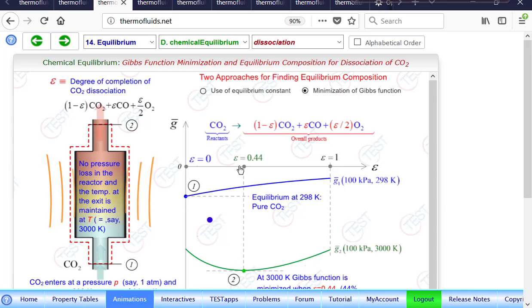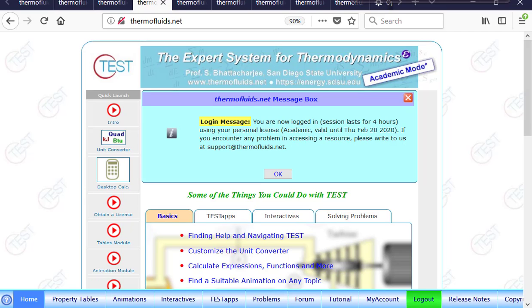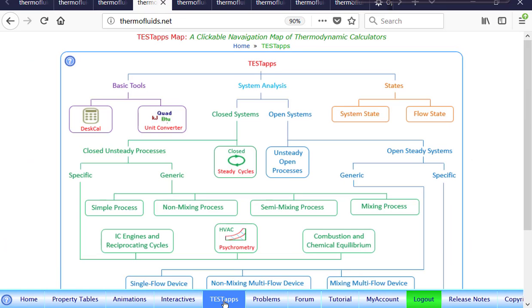So to solve an equilibrium problem, you have to pick all the possible product species that you think are present. Of course, once you have a big list, then you can find some species that are so minute that if you delete them, it doesn't affect your solution in practical terms for energy balance or entropy balance.